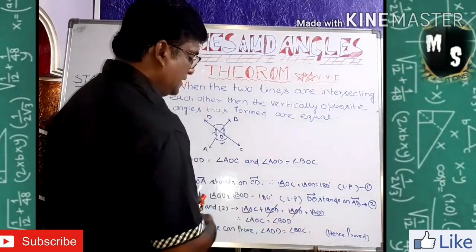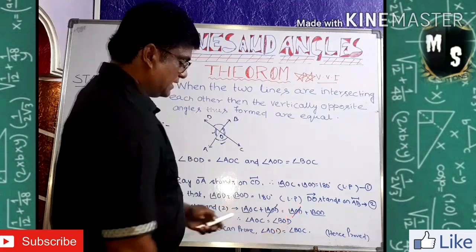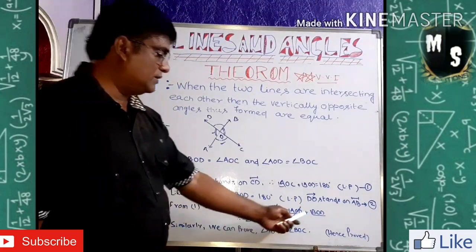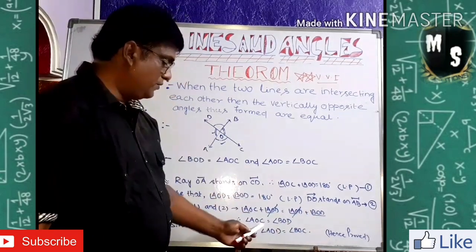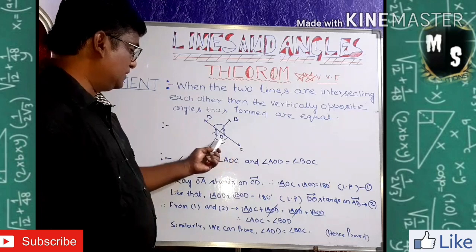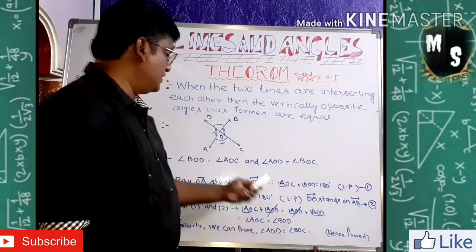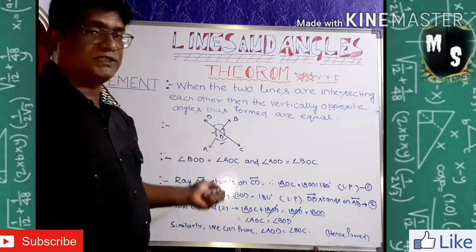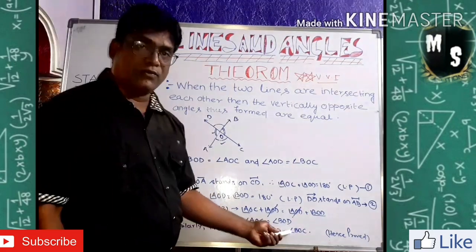Now AOD is common on both sides. I cancel. Now you see what is coming: AOC is equal to BOD. What is BOD? This one. So these two are vertically opposite to each other. So now it became equal.